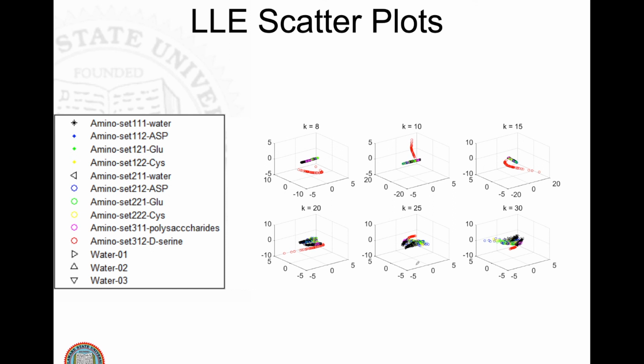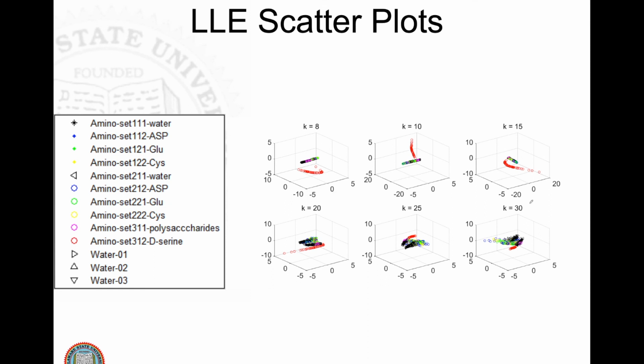As we increase the neighborhood size, we're looking at a larger neighborhood around each point, constructing its weights, projecting down, and plotting here the top 3 dimensions in that smaller dimensionality.